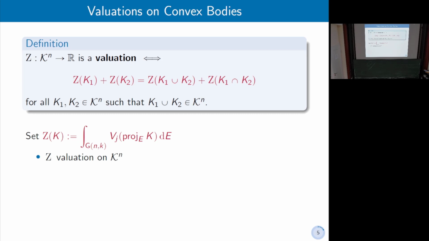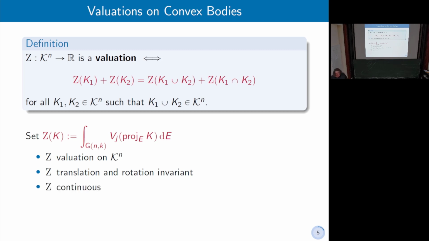And this function has nice additional properties, in particular geometric properties. It's translation and rotation invariant. Of course, if you translate a body, it doesn't change the volume of the projection. And the reason that it's rotation invariant is, of course, you take the Haar measure on the Grassmannian. So this gives you the rotation invariance.